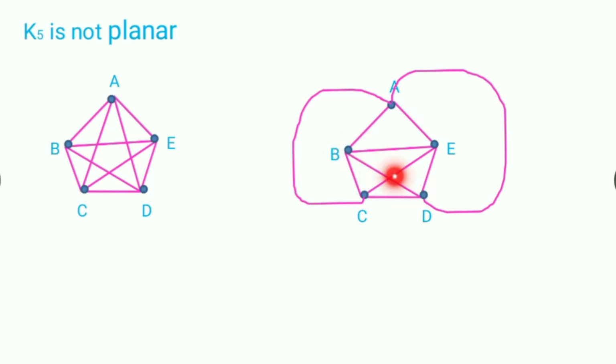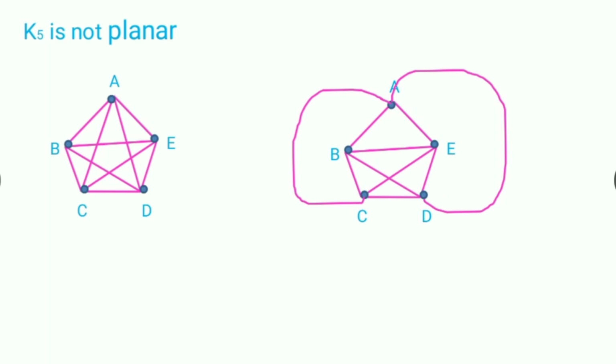This edge cannot be redrawn in any manner. If we redraw it like this, it will cut here. If I redraw it like this, again it will cut here. So there is no way to redraw this graph so that the edges don't cut each other. That's why K5 is not planar.